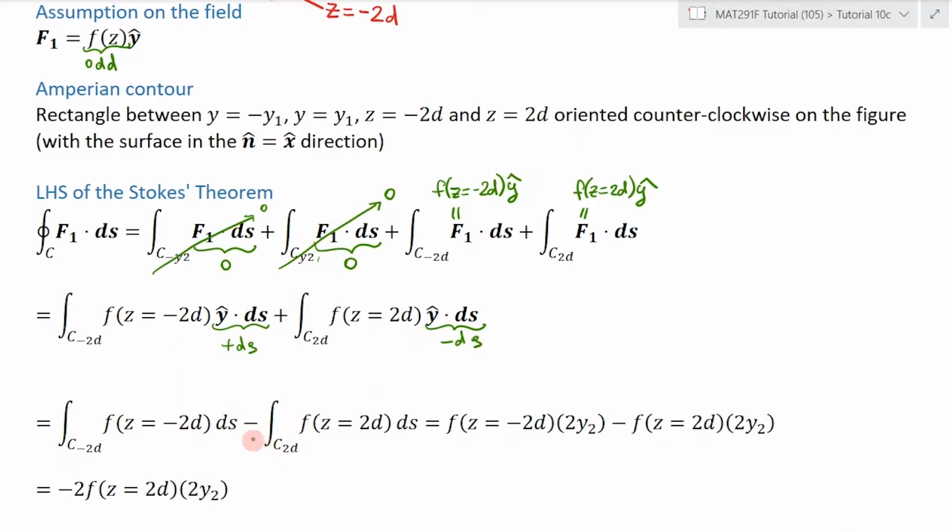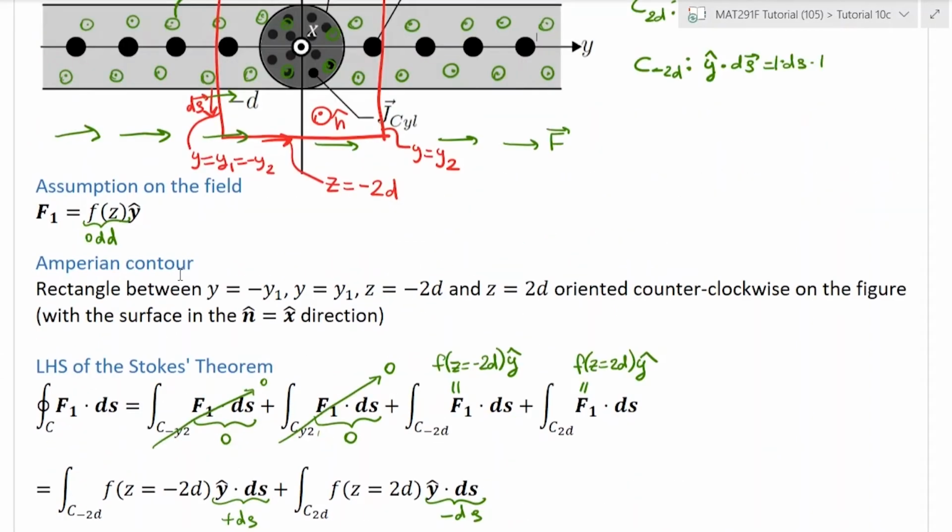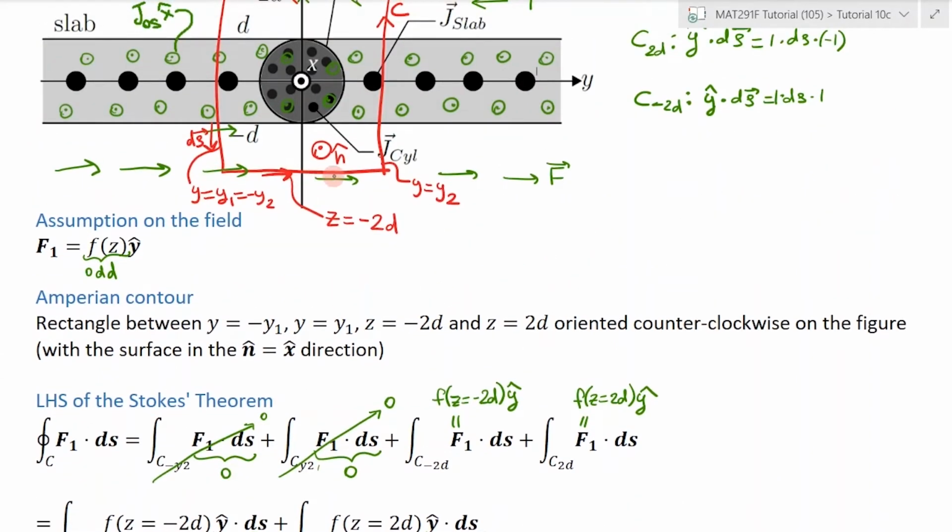The next step is to take this part. This is just a constant, right? Because it's some function of z, but it's already been evaluated at z equals negative 2d. So this is a constant and it can come out of the integral. Here I'm using heavily the symmetry of the field, because I'm using the fact that the z component of the field is a constant everywhere on this contour.